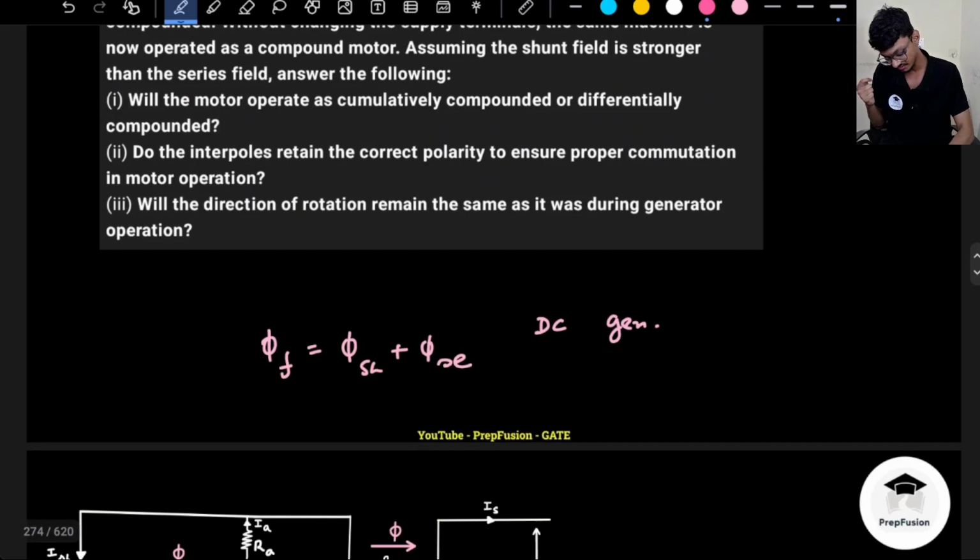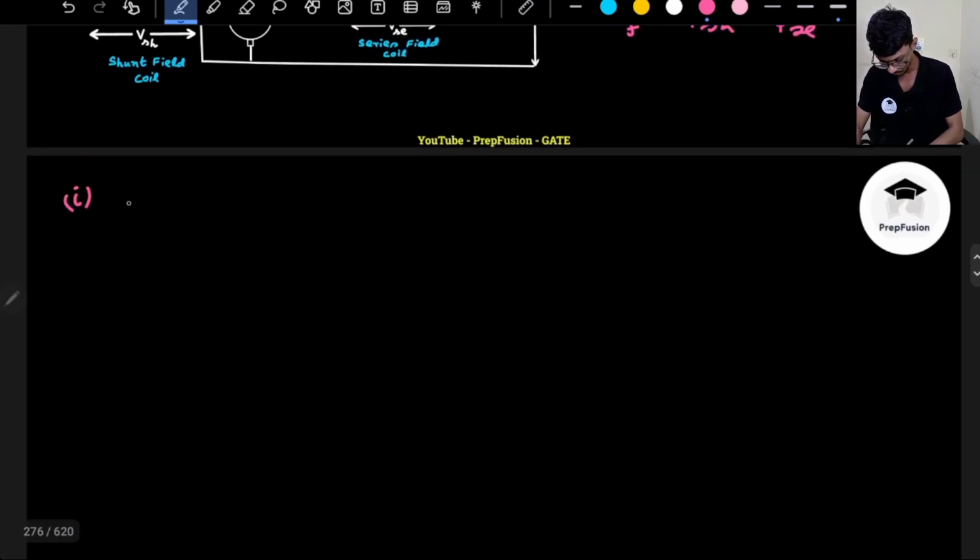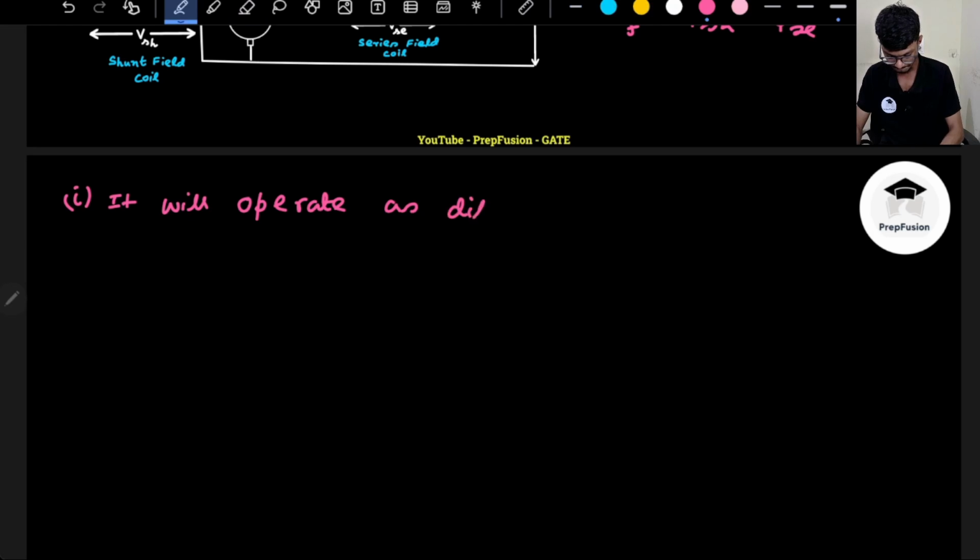So for the first question, it will operate as a differentially compounded machine.